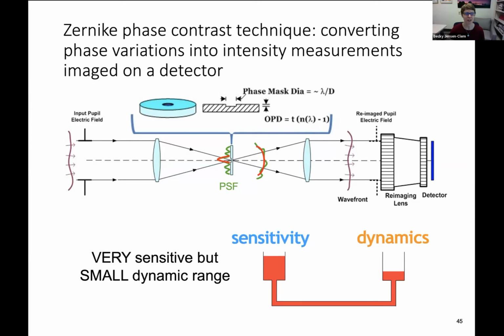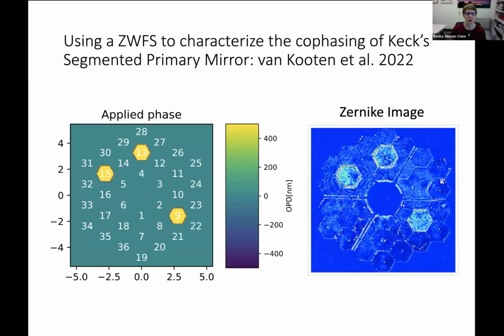Now, one of the useful things about the Zernike wavefront sensor is that it is very effective at measuring these segmented mirror pistons. So this is something that we did taking advantage of the Zernike phase mask inside the CAPIC instrument that's led out of Caltech. So we were able to push 3 different segments on Keck's primary mirror.